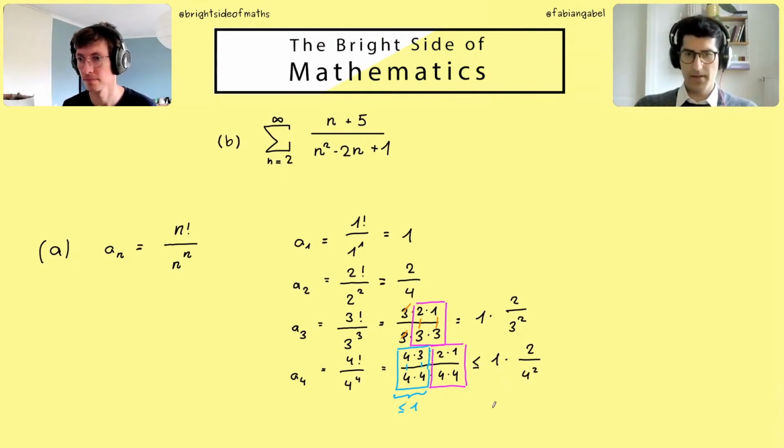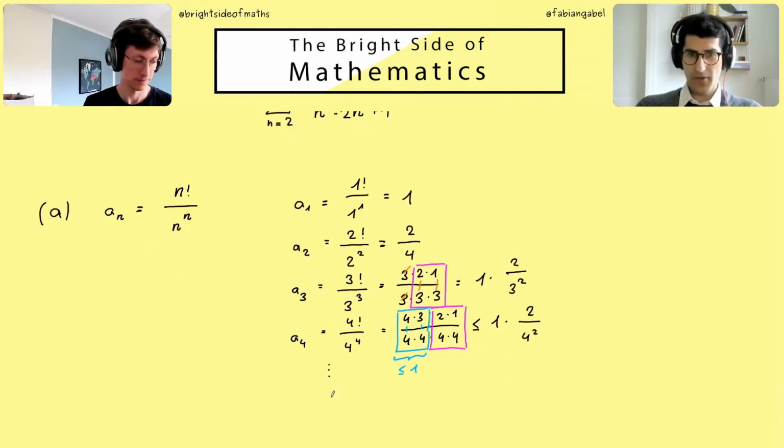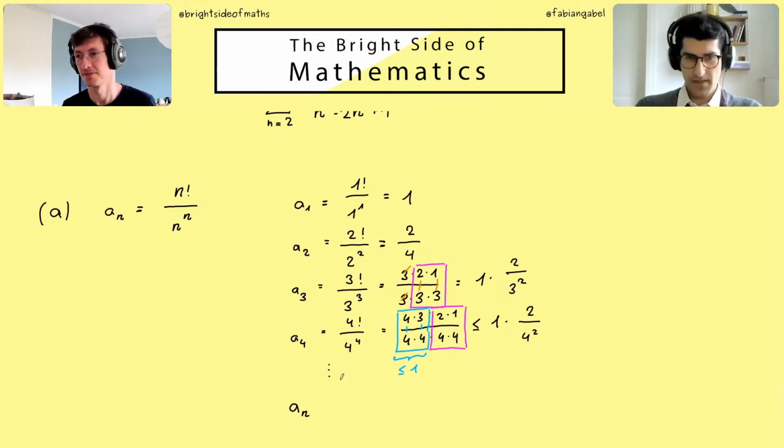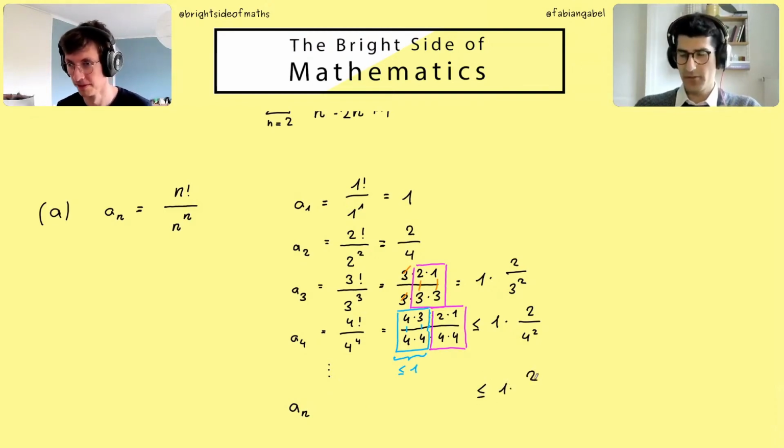All right. So that's about the examples that we have here, and the trend that we can observe and that we want to prove next is, if I look at the nth element of the sequence, can we then show that it is less or equal than 1 times 2 over n squared?